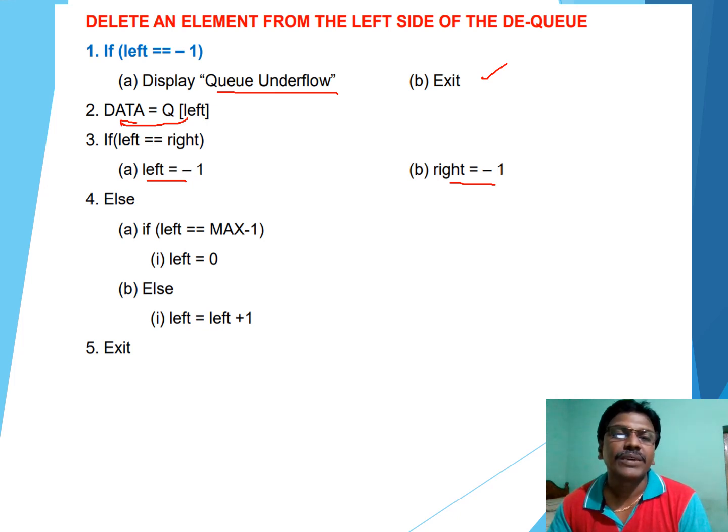Otherwise, if left equals max minus 1, that is size minus 1, assign 0 to the left pointer. Otherwise, left equals left plus 1, which means increase the left pointer value, because one value was deleted, so simply increase the left pointer and exit.